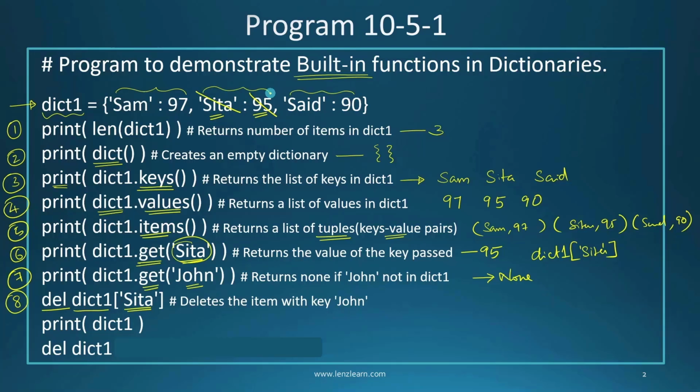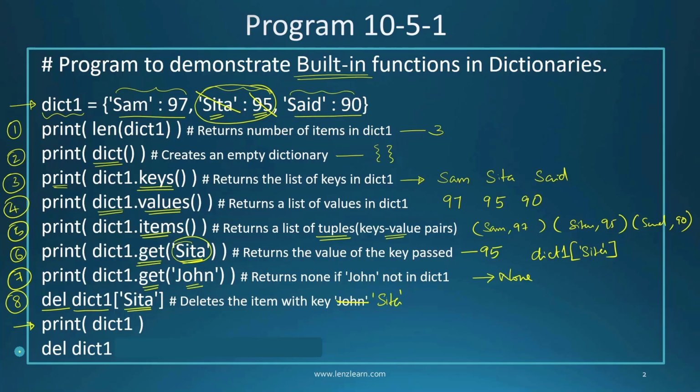That is why I told you it would delete the entire item from the dictionary. So here it deletes the item with key, it's not John, with key Sita. Now if you print dict1, it will have only 2 items inside it, Sam 97 and Said 90, because we have deleted Sita 95.